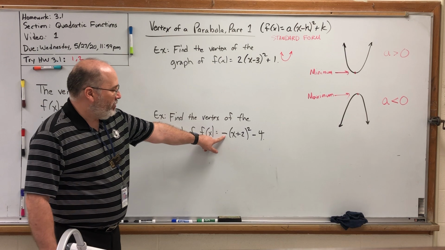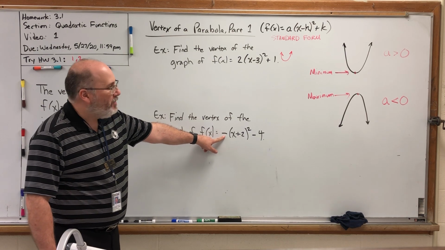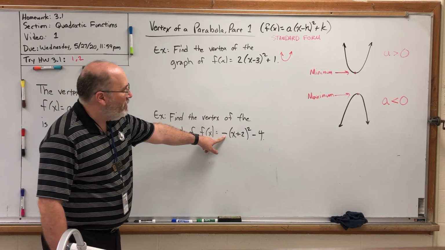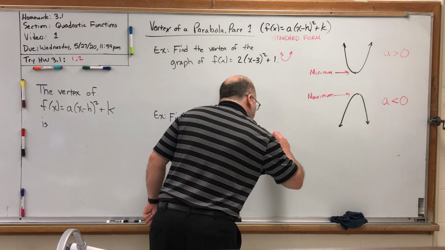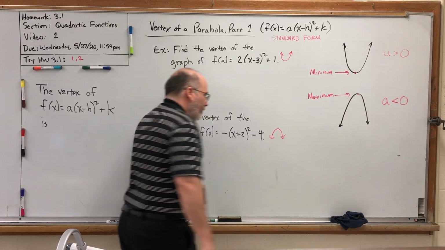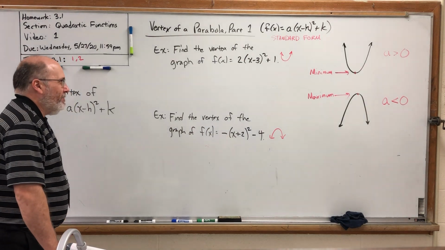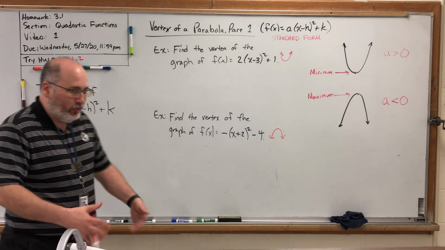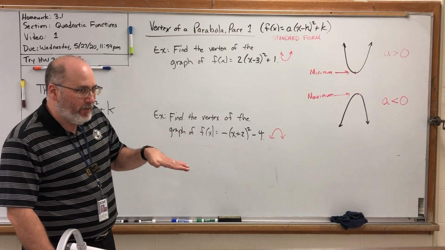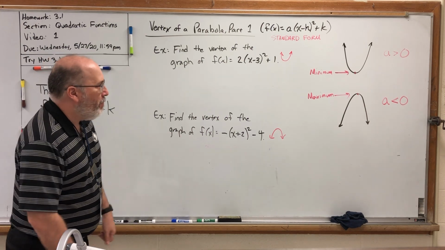The leading coefficient on this one would be negative 1, which is clearly negative, and therefore we know that this parabola would open down, and its vertex would represent a maximum. So it's easy to identify open up or open down, and as a direct consequence, whether the vertex is a minimum low point or a maximum high point.